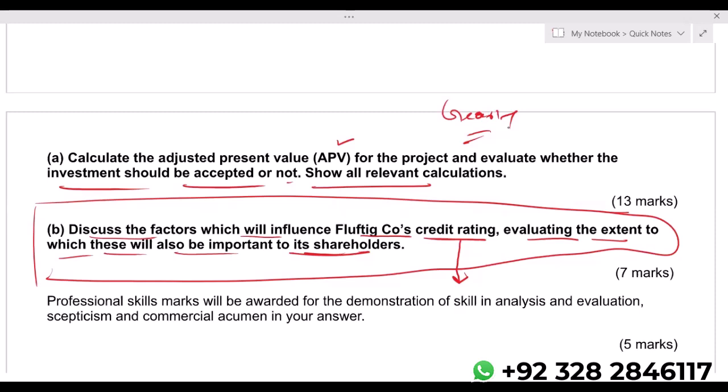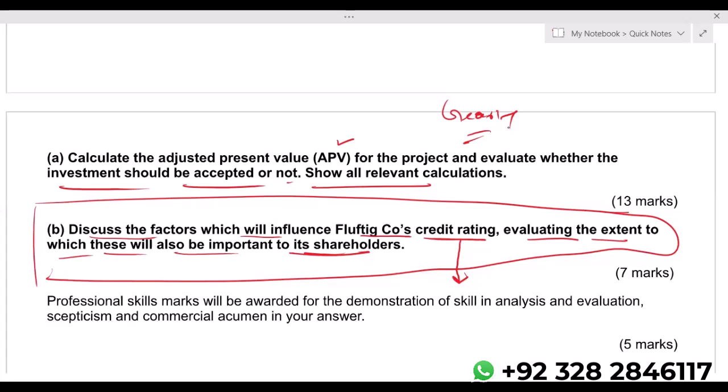So you will end up paying a higher interest rate. Already highly geared, going for more loan: one, they will have difficulties in raising the loan. And second, if they manage to take the loan, they will end up paying a higher interest rate. And that will have a bad impact on their credit rating. And definitely, shareholders will not be happy as well, because when your financial gearing increases, the financial risk increases.